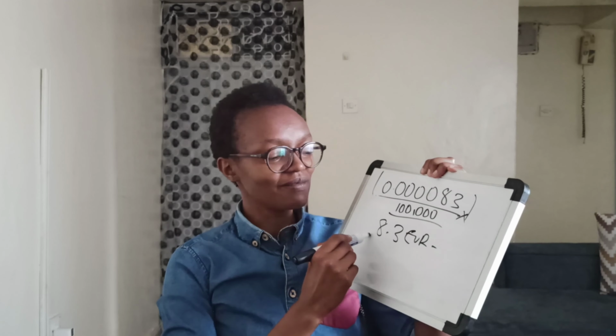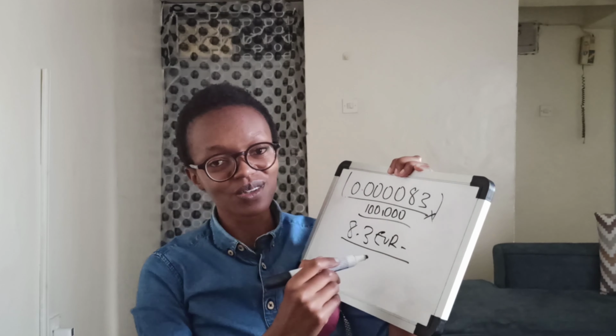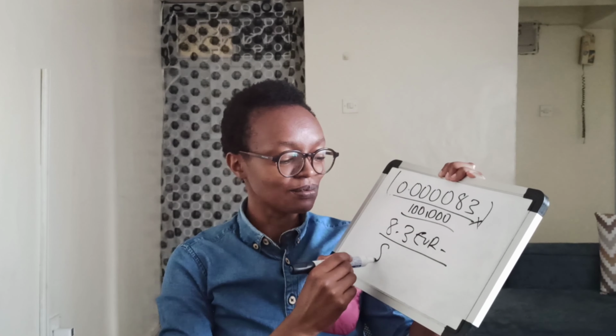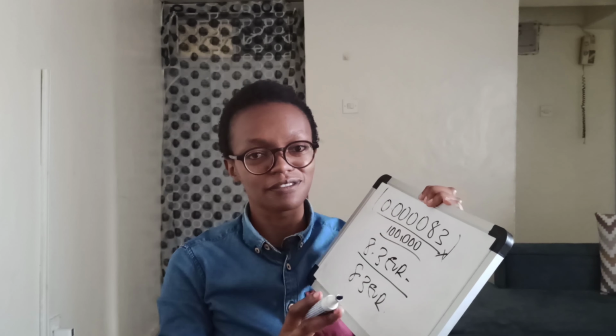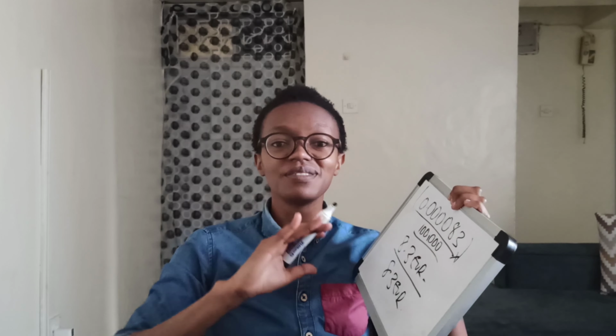Instead of making 8.3 euros, you'd be losing 8.3 euros. It's very easy for you to make money, and it's very easy for you to lose money in Forex. That's why risk management is one of the most important things that you can have in your trading plan. So don't worry guys, I got you. We're going to talk about this in a future video.